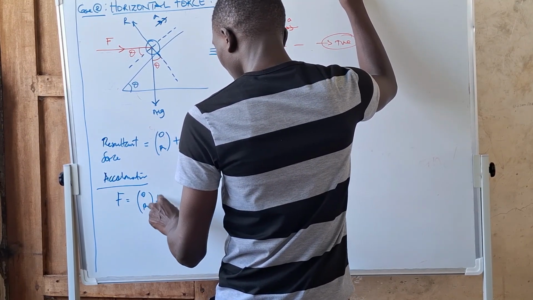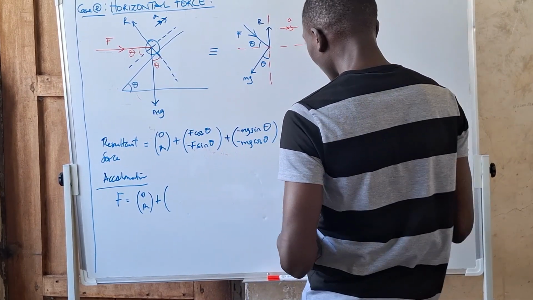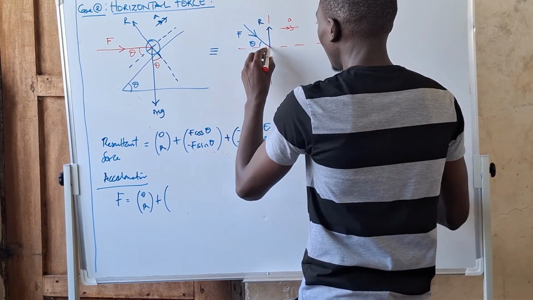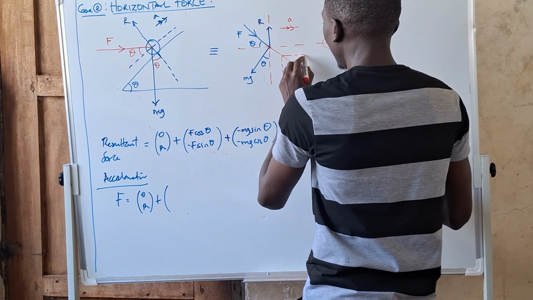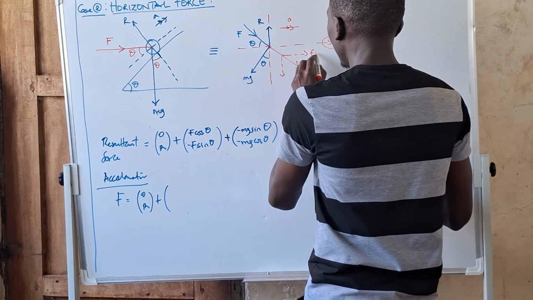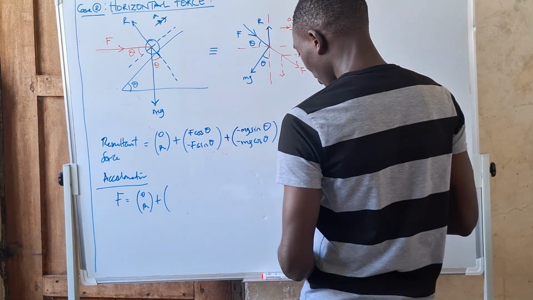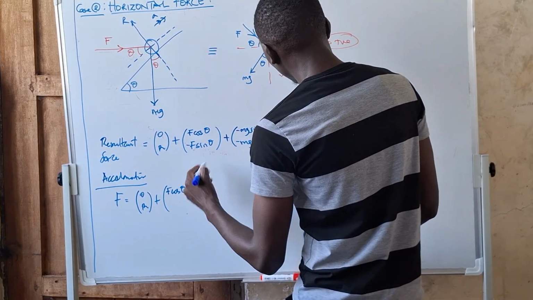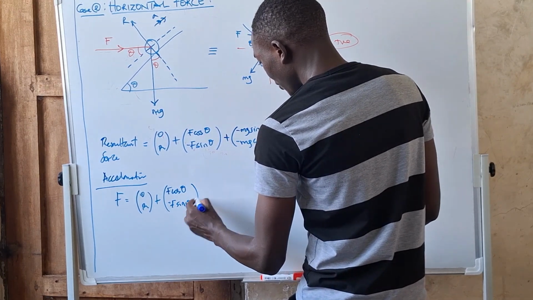Then when I go to F. Now, like I told you earlier, if I continue with this F and you look at its components, the horizontal component of F will be in the direction of acceleration. So it will be positive. So this will be F cos theta, and vertical is negative, minus F sin theta.